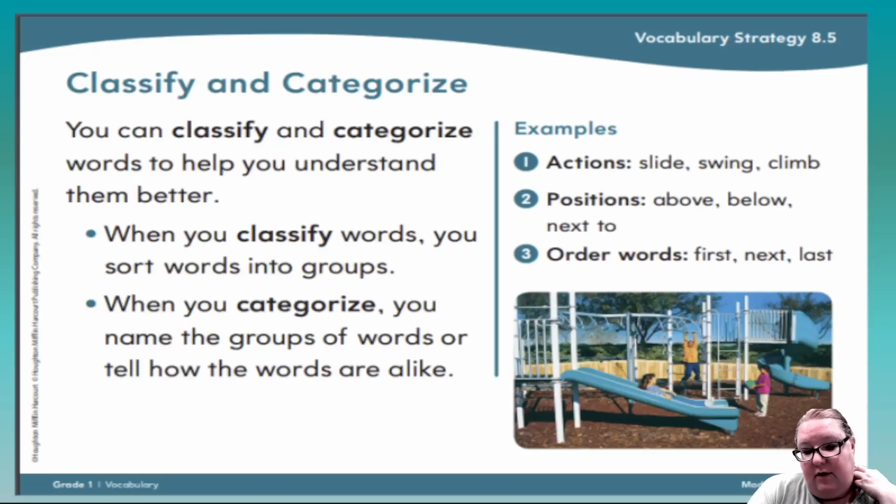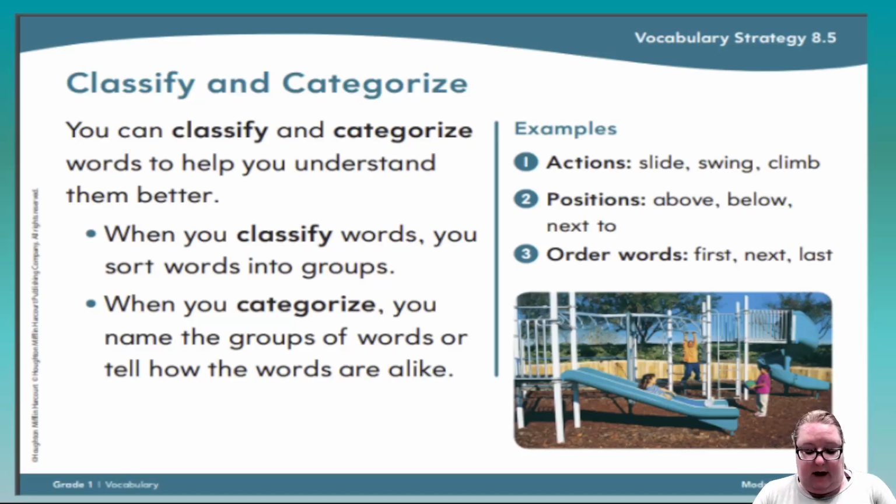The next is the vocabulary strategy of classifying and categorizing. Classifying is when you sort words into groups. Categorizing is naming those groups. You can do this with your students by writing different words on pieces of paper, and they go through and decide if a word like slide is an action, position, or order word.